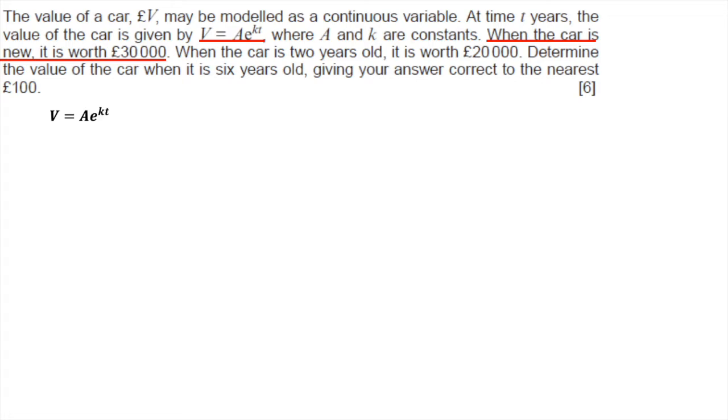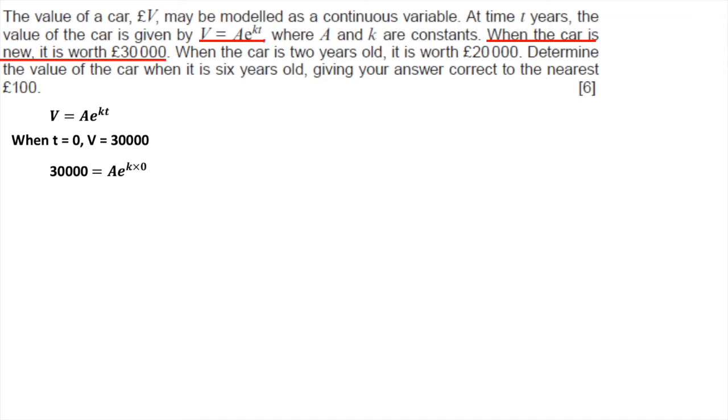So when t is equal to 0, v is equal to £30,000. We can substitute these values into the formula. Instead of v, I can write 30,000, and instead of t, I can write 0.